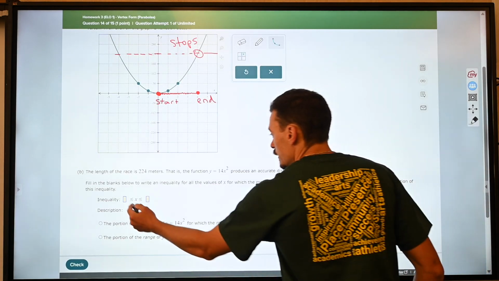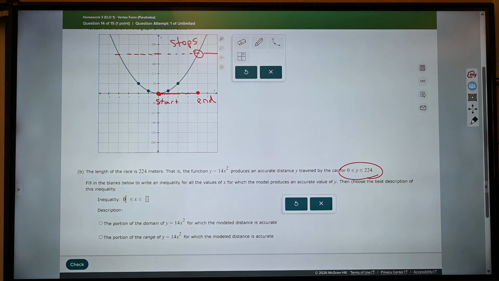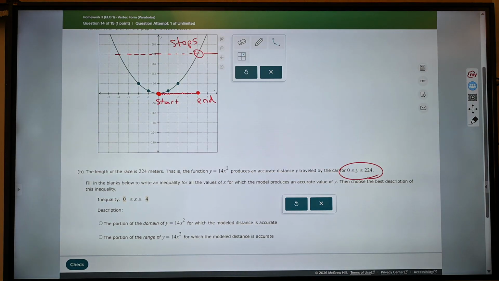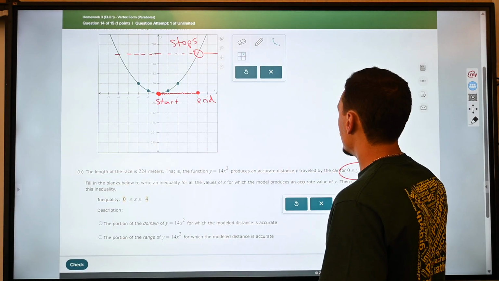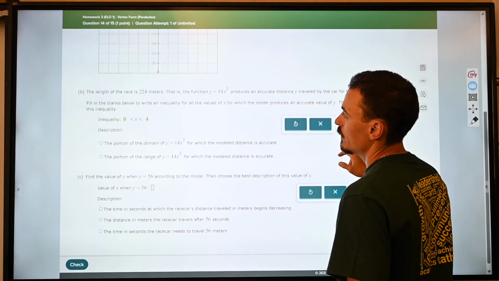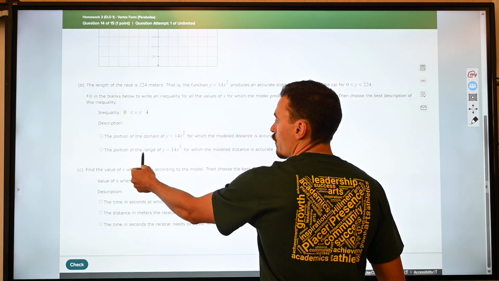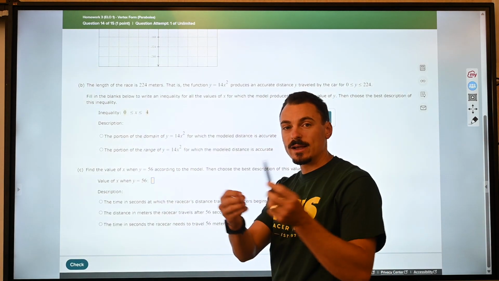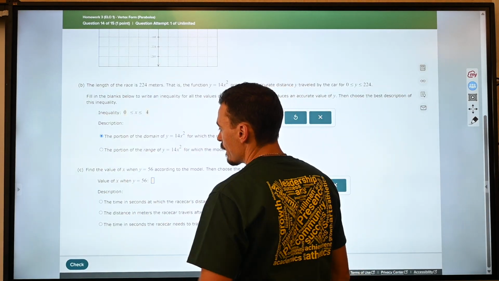So this needs to be 0 to 4. Then it gives you an option. It says this description is the portion of the domain or it's the portion of the range. So this will be the portion of the domain. Domain are x values and range are y values. So this is domain. Awesome.